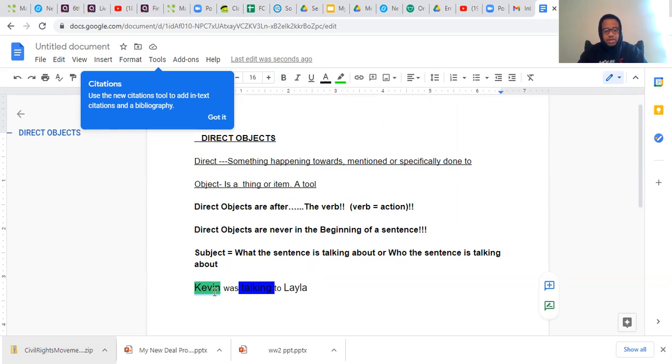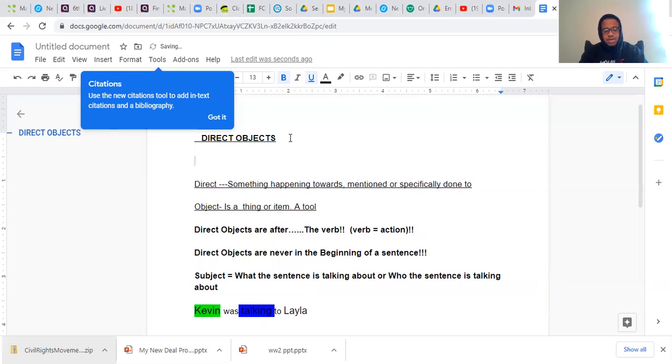So we have our green subject, blue verb. Now, the direct object, let's write this right here.